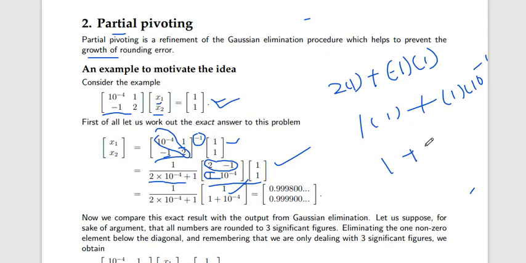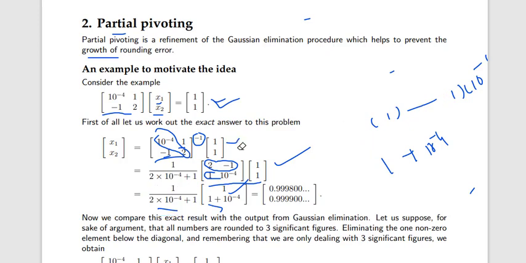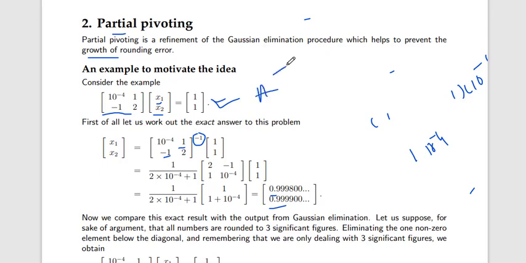So 1 plus 10 raised to minus 4, and after this the scalar quantity remains in the multiplication of the matrix, and we will get the answer x1, x2 equal to 0.999, 0.999. So this is A inverse with the help of b. With this method we find the values of x1 and x2.